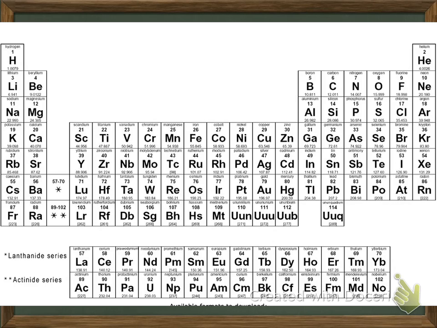So, check it out. Which atoms want to lose an electron? This guy wants to lose an electron, lithium. If he loses one electron, he'll be really happy. So it's really easy to take it away. If you take away lithium's electron, it's really, really easy because that's what lithium wants to do.